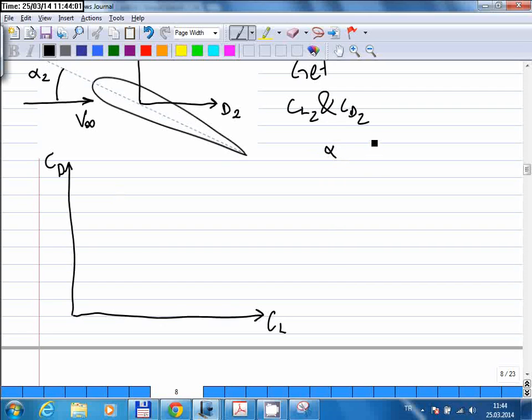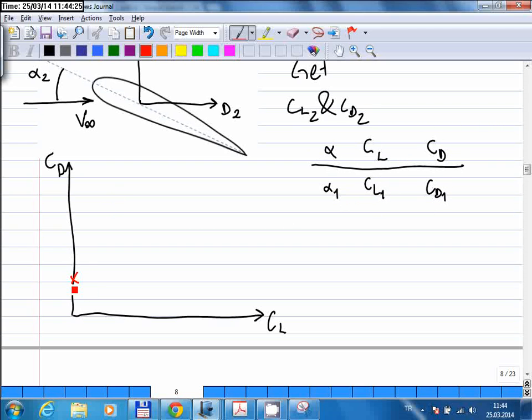So you make this table, and so you first, let me make this alpha 1, and then this becomes a point here. Okay, so you take the point and put it.